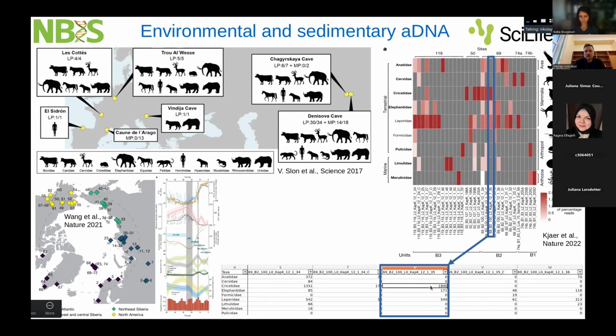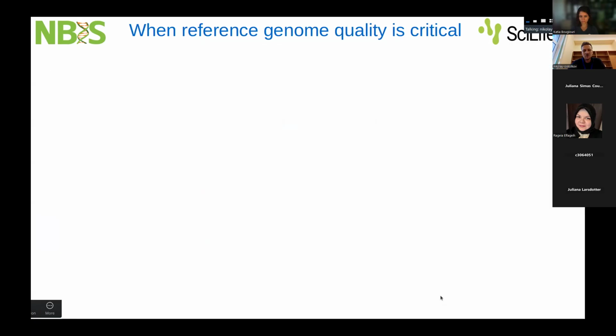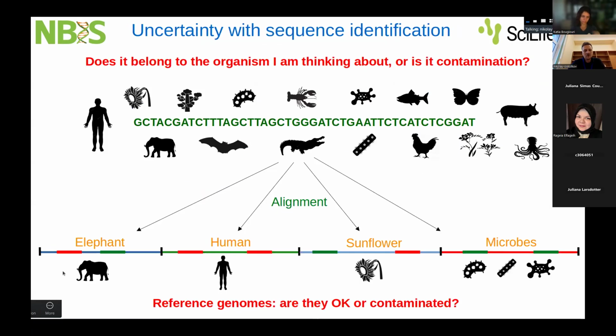Why is it problematic? Well, it turns out that these high quality references are particularly important, because you better make sure that these few hundred reads are actually not coming from those very, very few regions that are potentially exogenous.